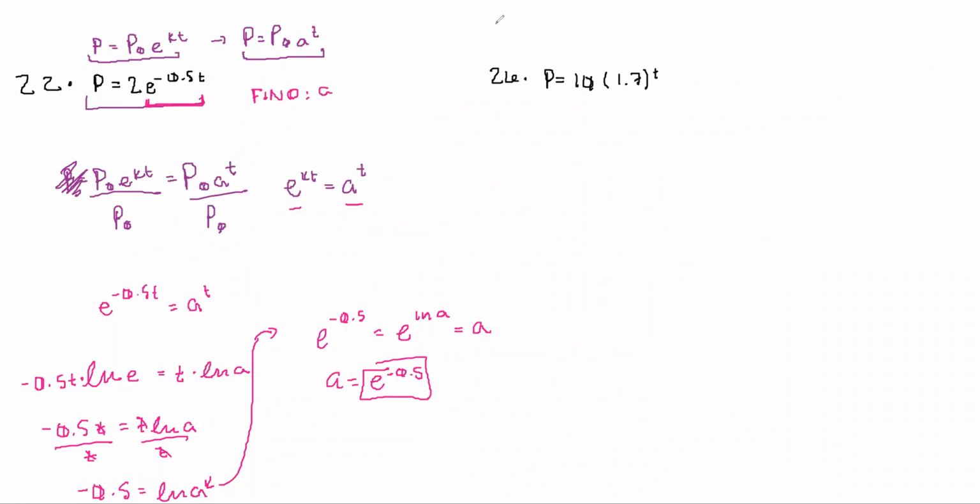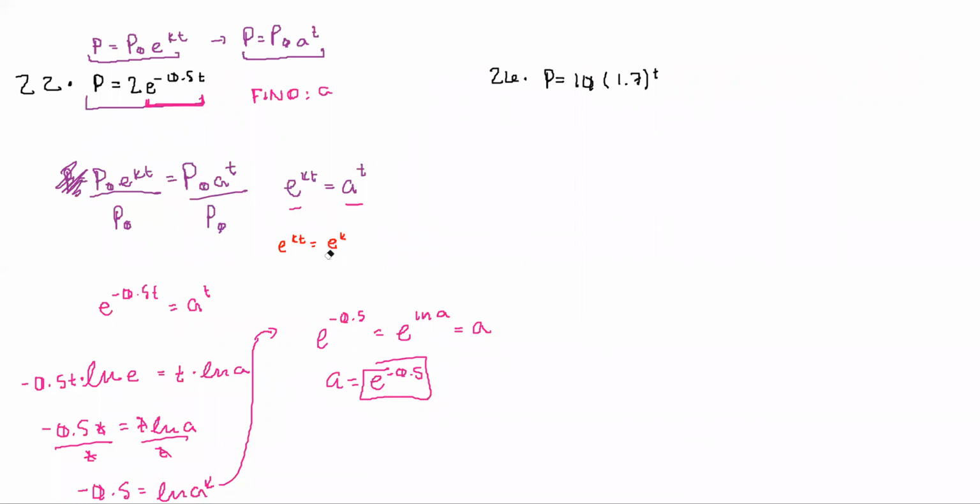Another way you could look at this is through rules of exponents. You could say that e to the kt is equal to e to the k times e to the t, right, is equal to a to the t. Or rather, that's not correct.